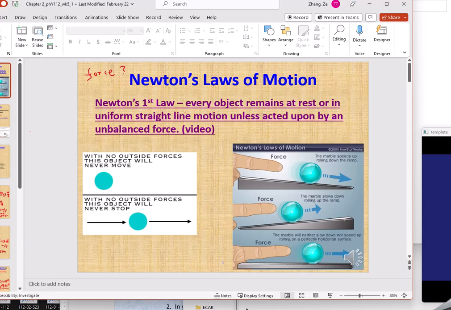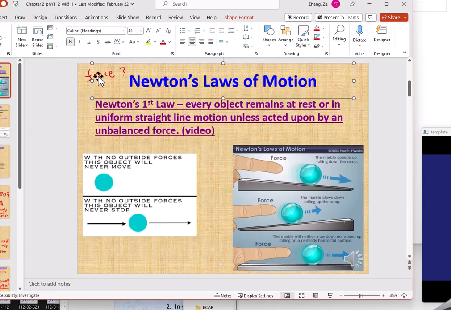Now, this chapter is about how you cause acceleration. How do you make motion? How does velocity change? How do you get things to move in a simple case? The simple answer is force.